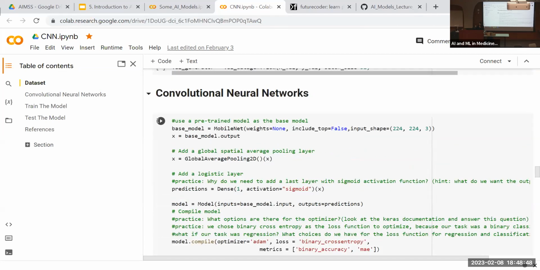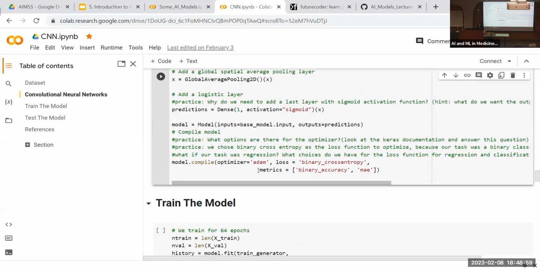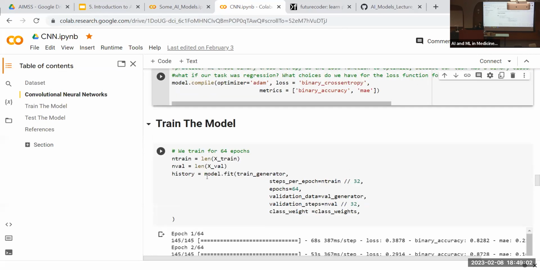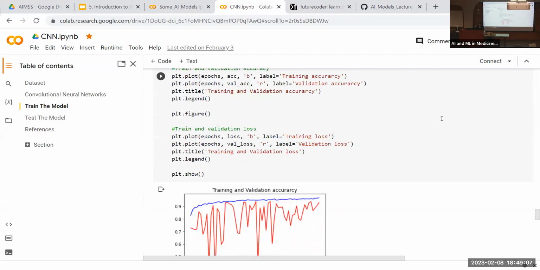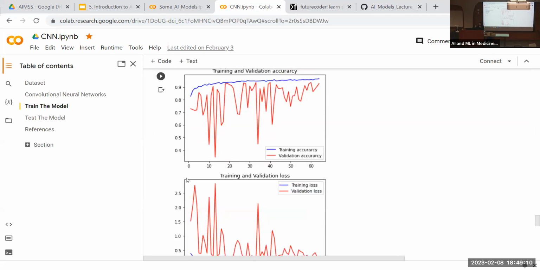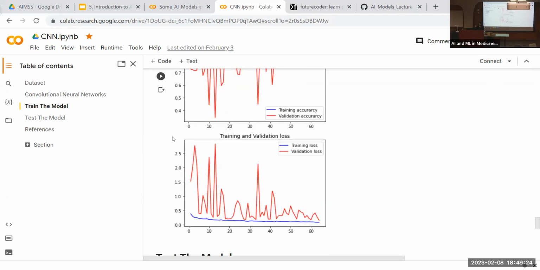Here in this example, we're using a pre-trained model, which is called MobileNet. You can read more about it if you want. Having this model, we train the model in this cell. After the model is trained, you can again check the accuracy, and you can also see how the model starts to learn. At the beginning, it's not in a good place, so it doesn't have a good accuracy, but as it goes, the accuracy gets better, and this is how the process of learning works in machine learning.